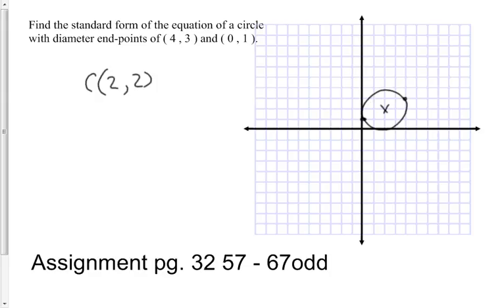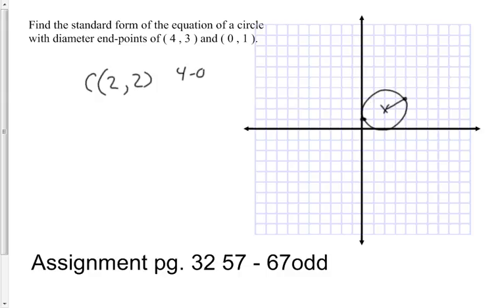Now we've got to find the radius. So we've got to figure out the distance between (2, 2) and either (0, 1) or (4, 3). We have to find that radius distance. Or you could find the diameter distance and then cut it in half. Doesn't matter. Let's do the diameter distance and cut it in half. So we're going to find the distance between these two. Okay?